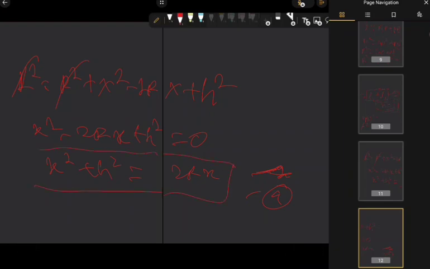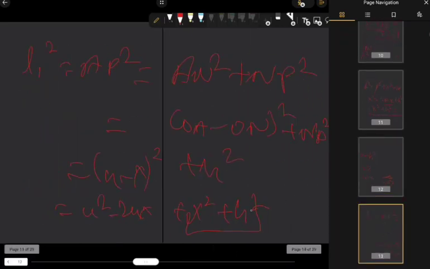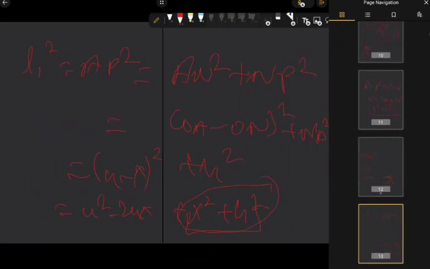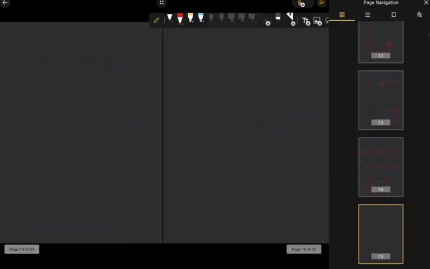This is your equation A. So over here, instead of this x square plus h square, just put 2rx. So what do you get then? You will get something of this kind: L1 square is equal to u square minus 2ux plus 2rx. Like this you got.